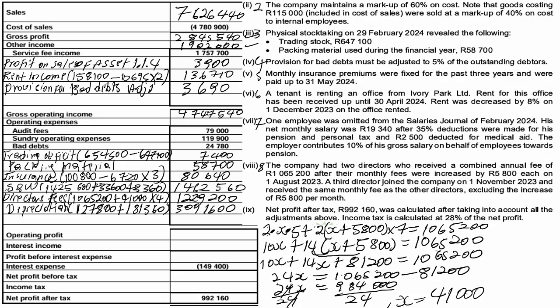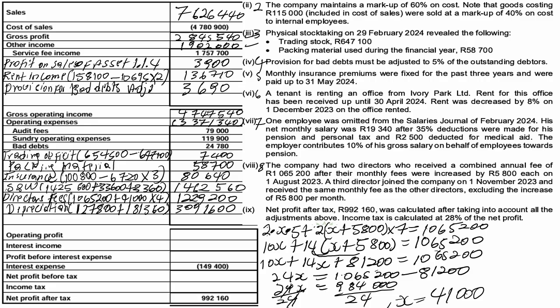Okay, so let's add all our expenses now. If we don't have any other expense, yes, we don't have. So we add all our expenses, should get the operating expenses of 3,371,340.